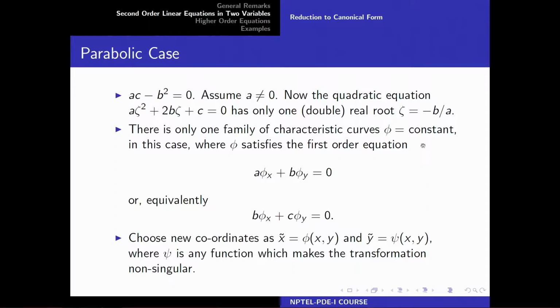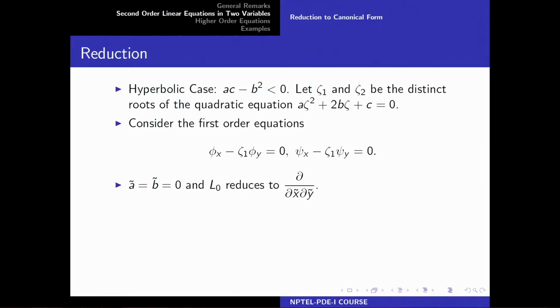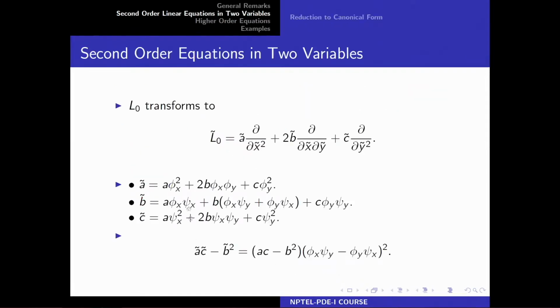Okay. So, we can only find one function, but now we can choose any other suitable function that makes this transformation non singular. Now you observe these two equations and again go back and see, this is important, a tilde, b tilde. This time psi is arbitrary for us for the time being, we have only phi.